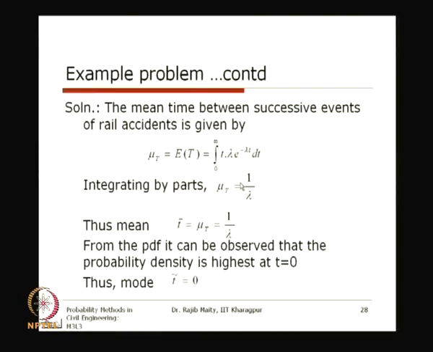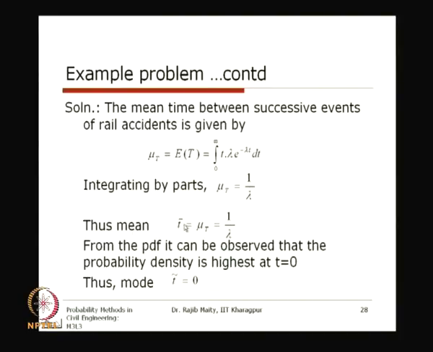This is called the method of moments to get an estimate of these parameters. A few slides before, we discussed how to estimate parameters; it is one of the methods, but that is not the context we are discussing now. We are just getting the mean for this distribution. So the mean or expected value of that random variable is 1 by lambda.